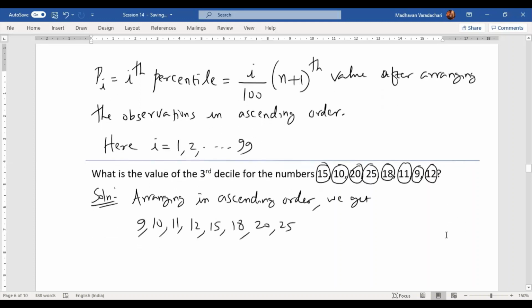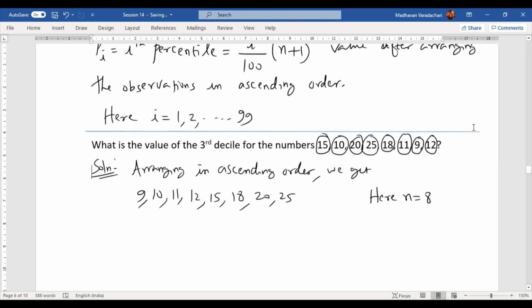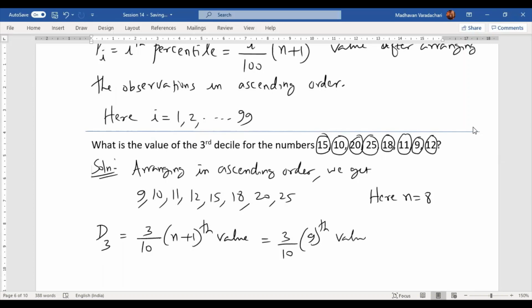So how many observations? 8 observations. So I say here n is 8. We are interested in third decile, D3. So i is 3, i by 10. So 3 by 10 times (n plus 1)th value, which is 3 by 10 times 9, or 27 by 10, which is the 2.7th value.